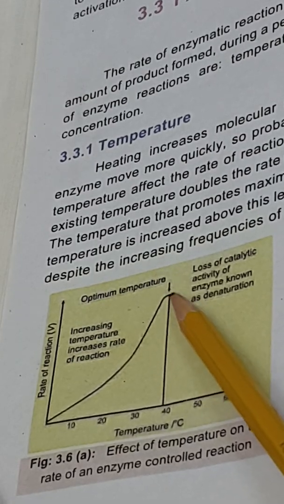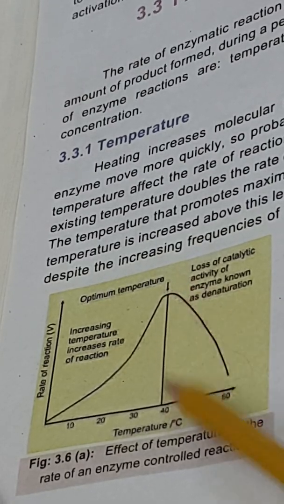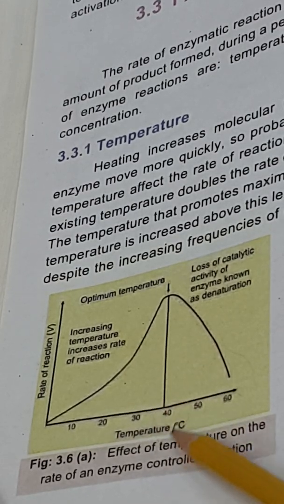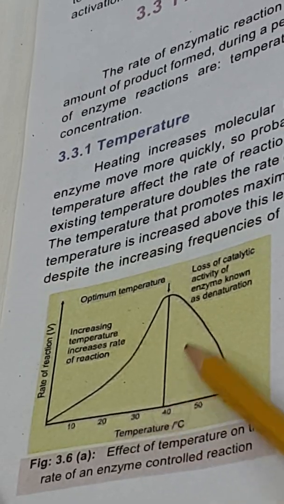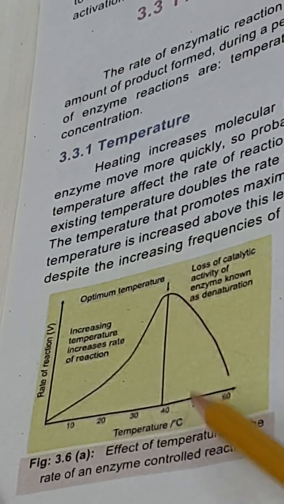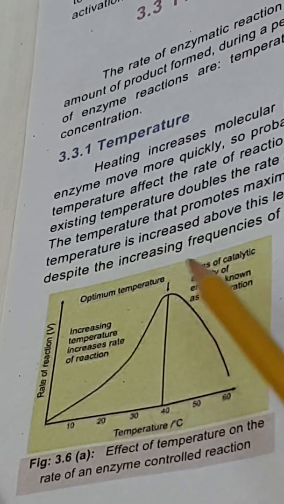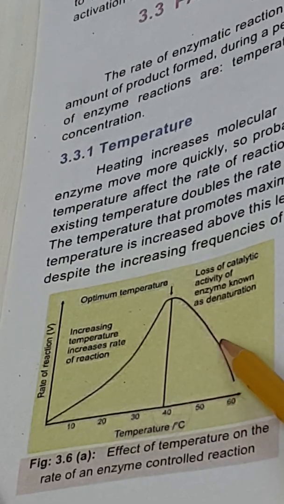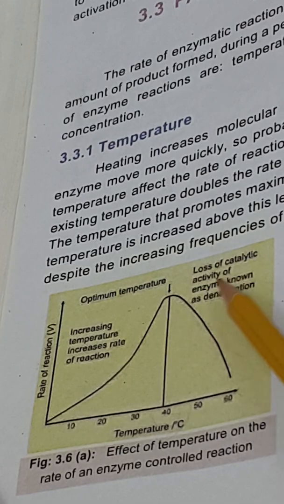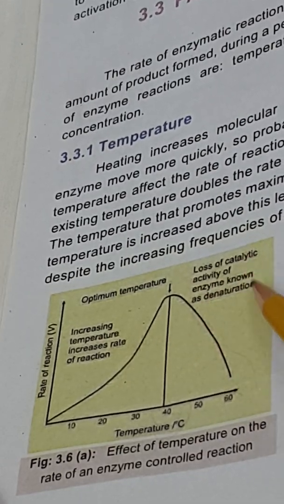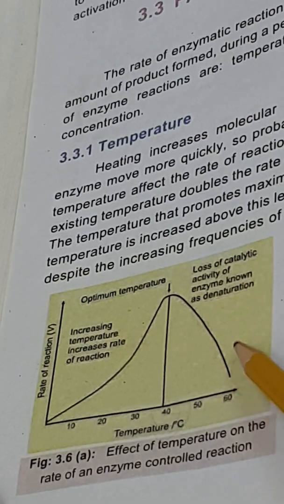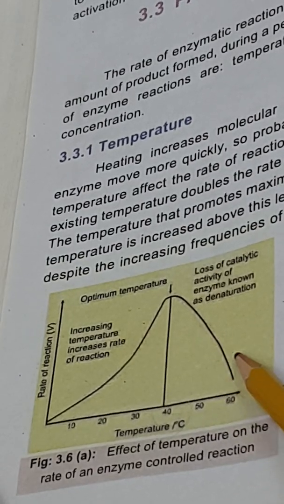But if we further raise the temperature, like this 40 degrees, which is optimum for the enzyme, and we further increase the temperature up to 50 or 60, the rate of the reaction goes down. Why? Because the enzyme at that temperature becomes denatured, and that temperature is known as the maximum temperature.